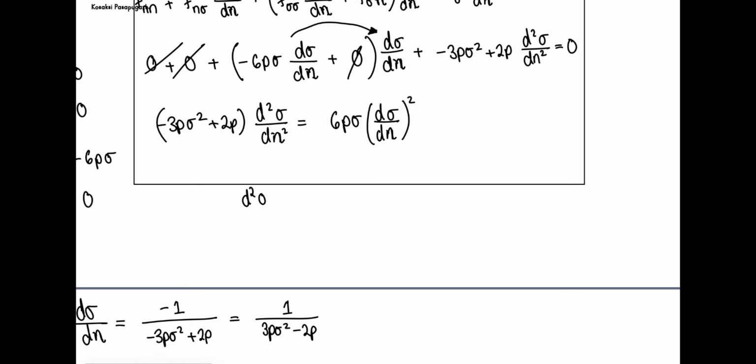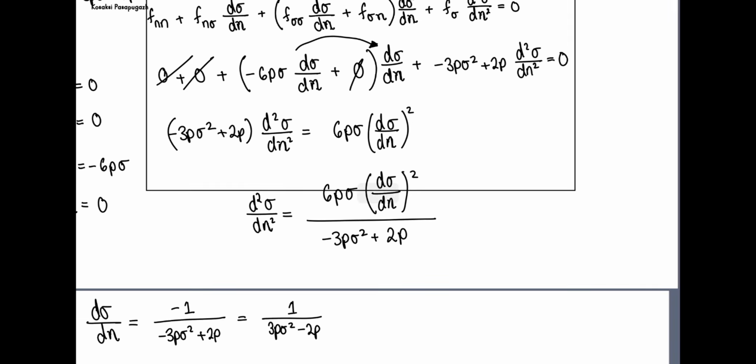And if I make this d squared sigma over d eta squared the subject, we get 6p sigma, d sigma over d eta all squared, all over minus 3p sigma squared plus 2p.